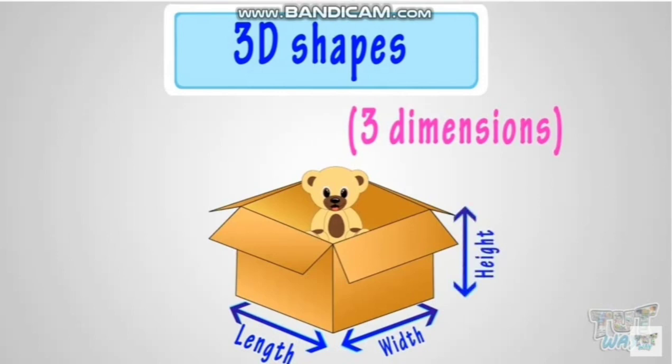Have a look, it has depth also. So, 3D shapes are those in which we can put something in them, and they are so called because they have 3 dimensions: length, breadth, and depth or height.